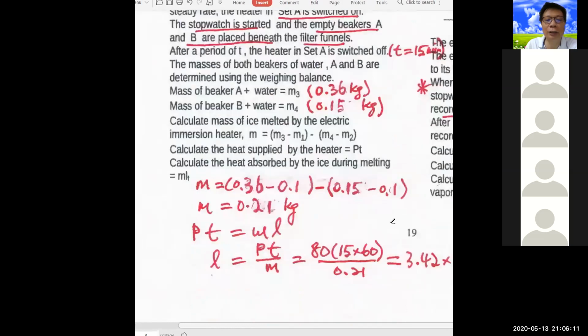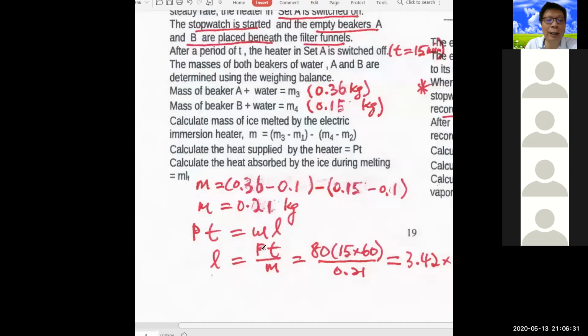Now the calculation is Pt equals ml. Initially the formula was Q equals ml, correct? But Q is the heat energy supplied by the heater, so we put Pt, power multiplied by time, equals ml. We are going to find l, so bring the mass over to the other side, so you get this formula.